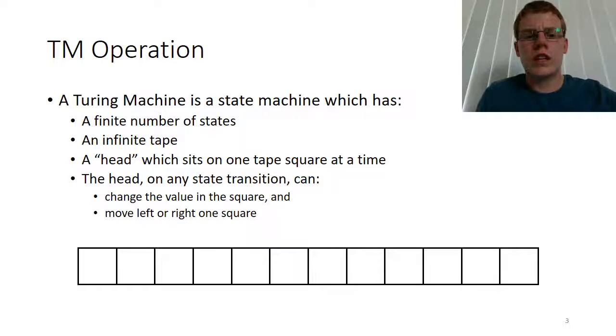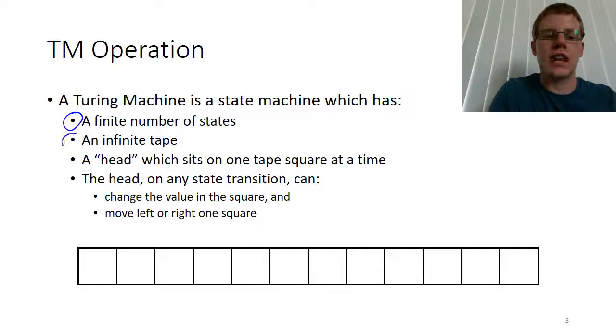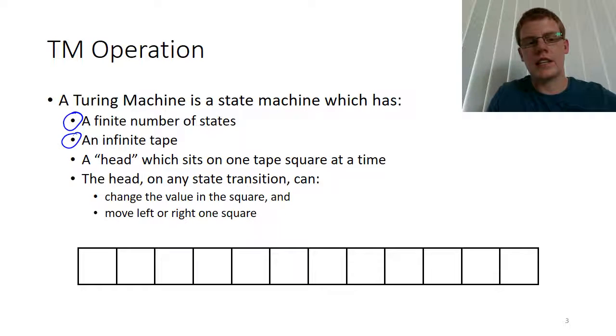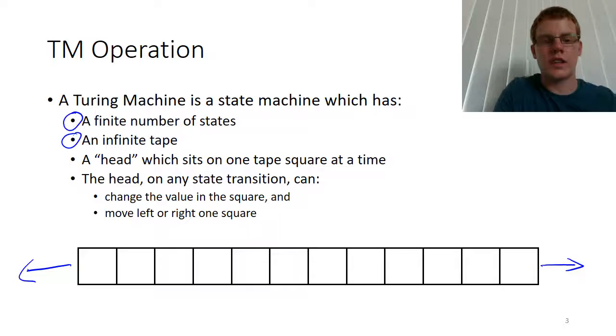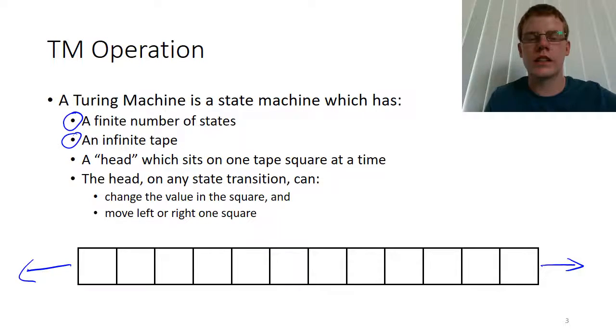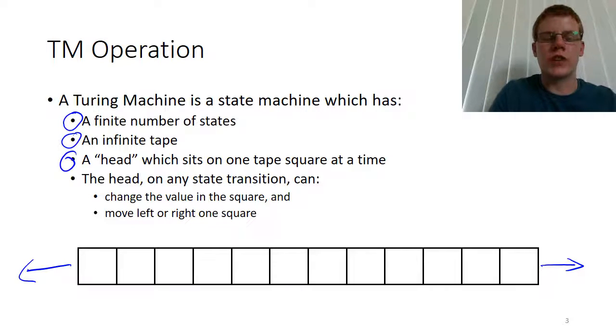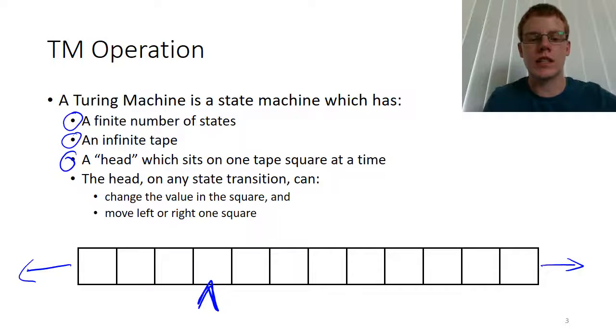So a Turing machine is just a state machine, as we said, and it has a finite number of states, just like all the machines that we've looked at so far. Instead of having a stack like the pushdown automata has, it has an infinite tape, which extends in either direction. And this tape is made up of cells that can contain one symbol in them. The machine also has access to a head, which sits on one tape square at a time and can examine what is in that square.